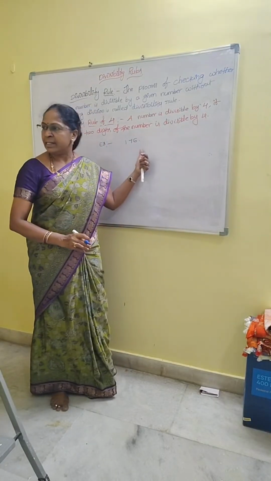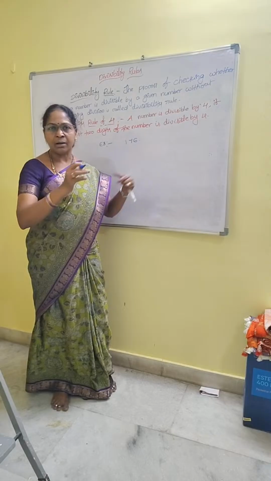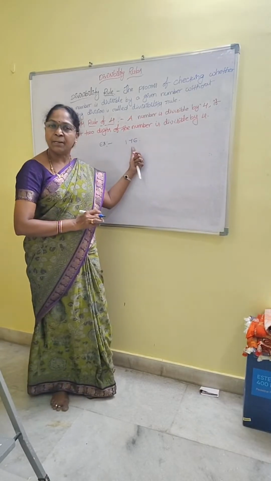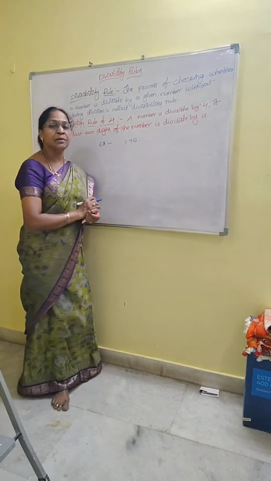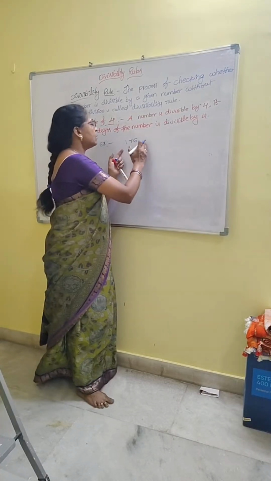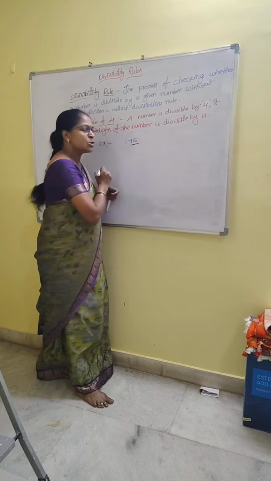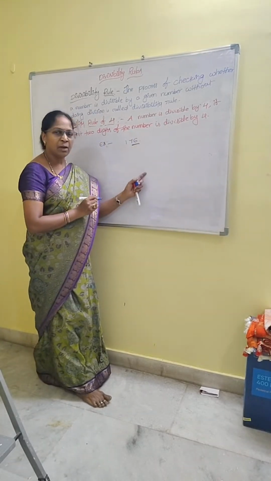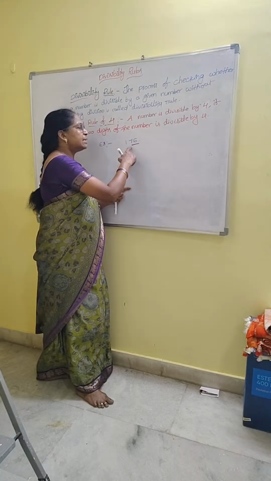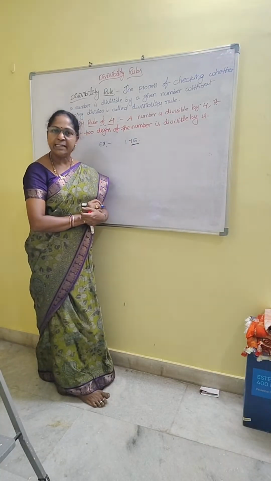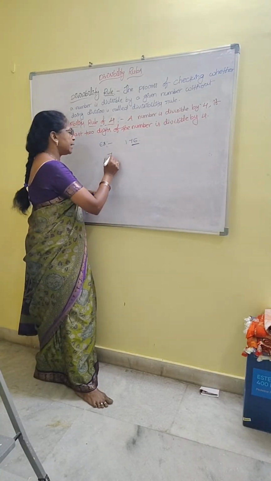Is this number divisible by 4 or not? How can you check it? No need to divide the whole number by 4. Just consider the last two digits of the given number. What are the last two digits? 76.